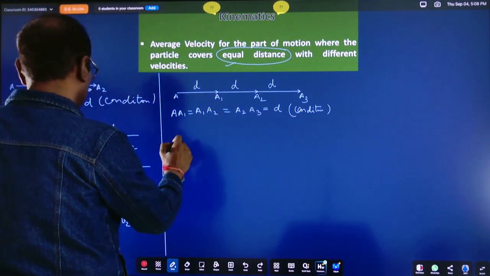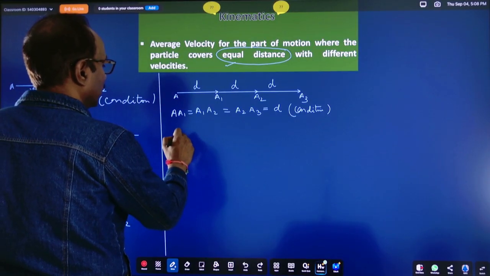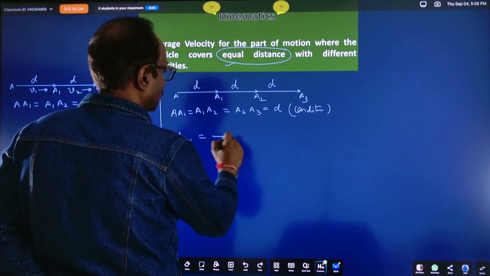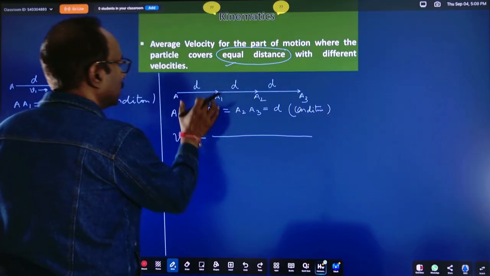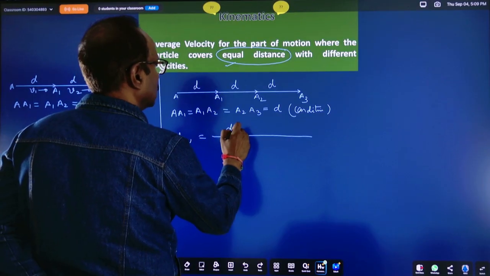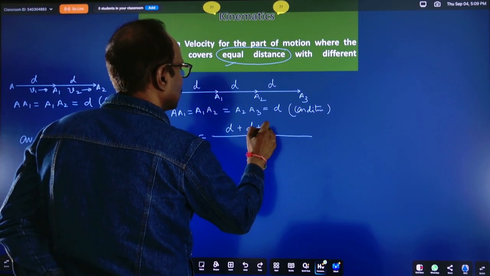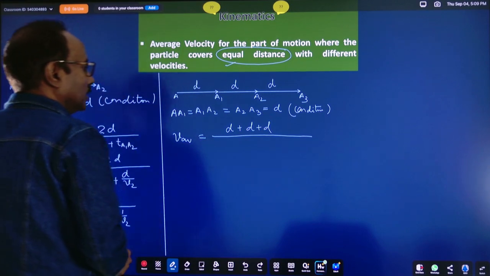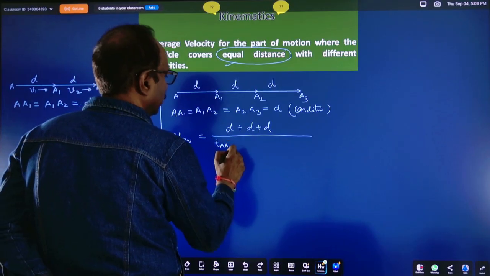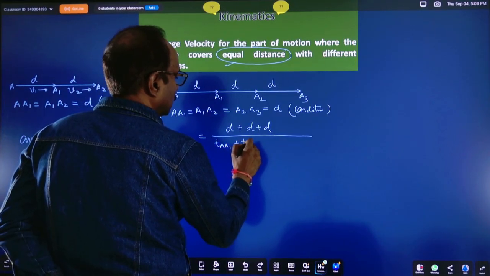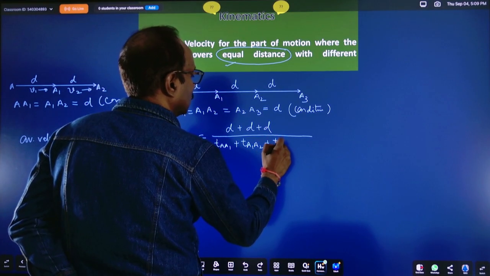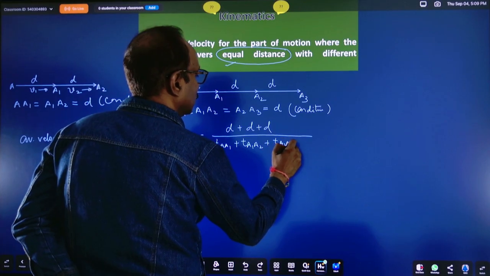Again you write V average, average velocity. How much total displacement? D plus D plus D. Time taken, T A A1, T A1 A2, T A2 A3.